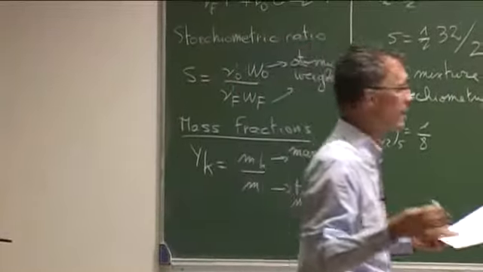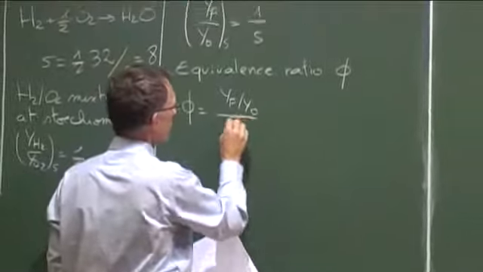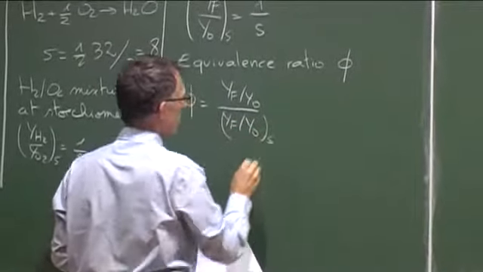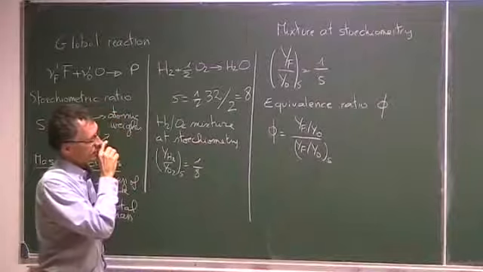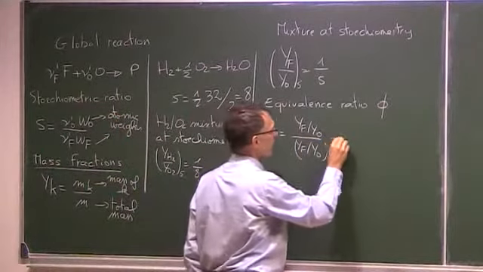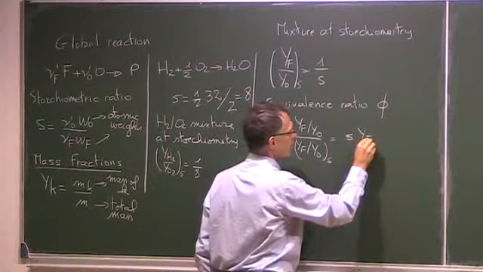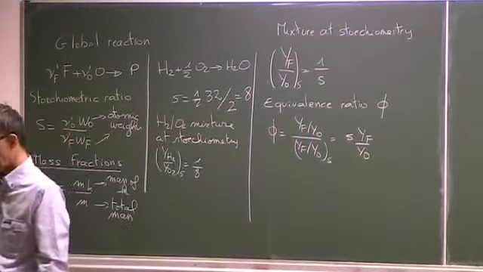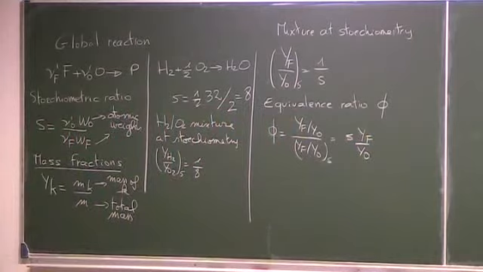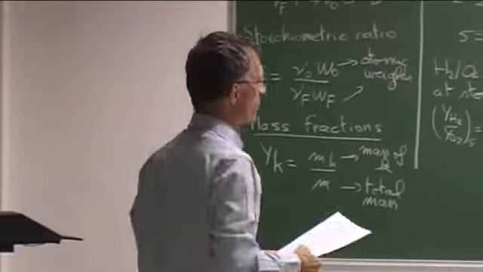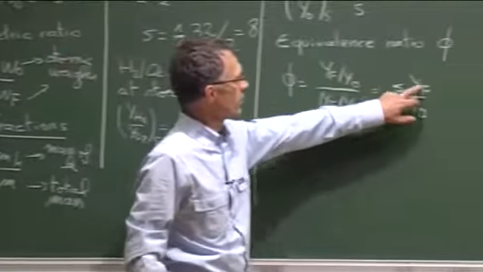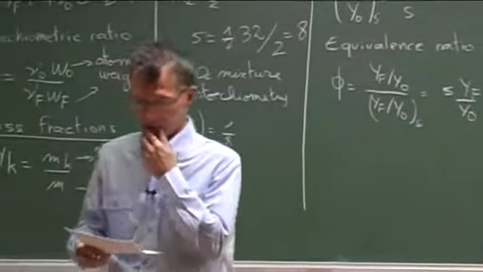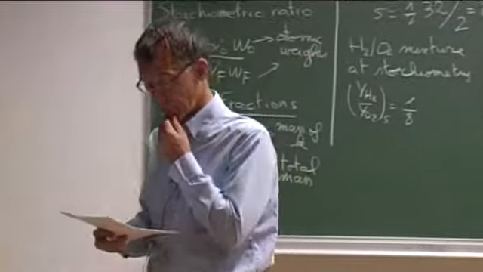You don't choose that, it's something which is given to you usually, divided by what you would need at stoichiometry. So this is also equal to S YF over YO. So that's the first classical exercise in combustion. We tell you the mass fractions of fuel and oxygen, ask you to compute the equivalence ratio.